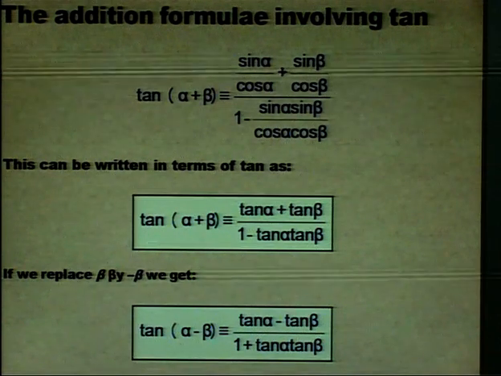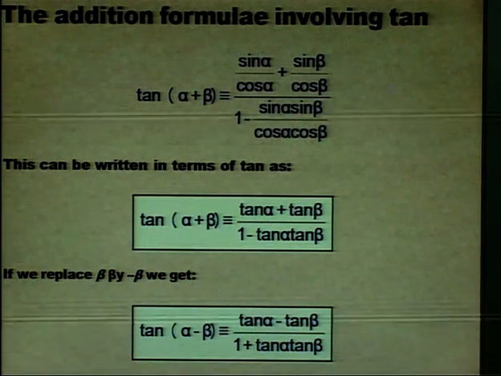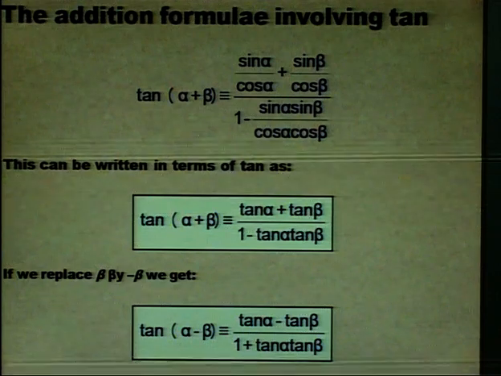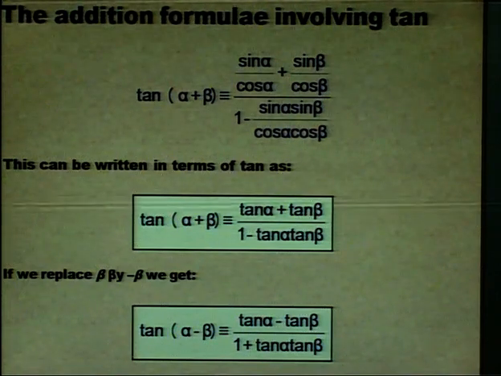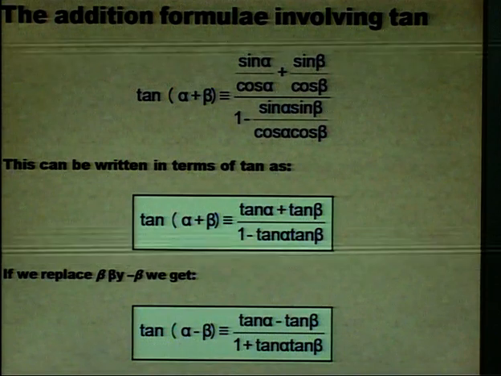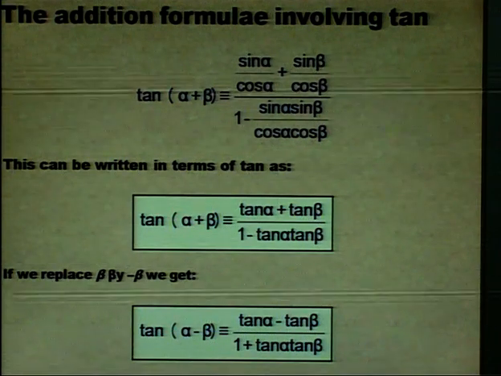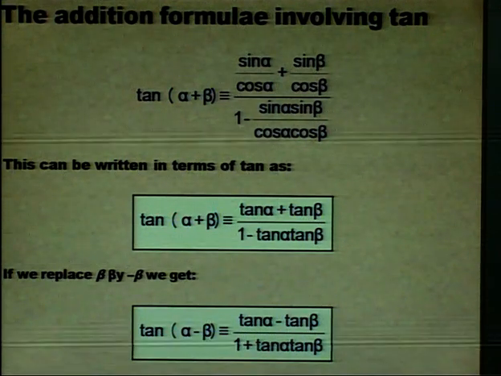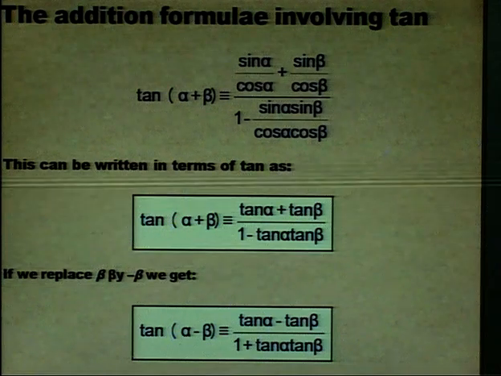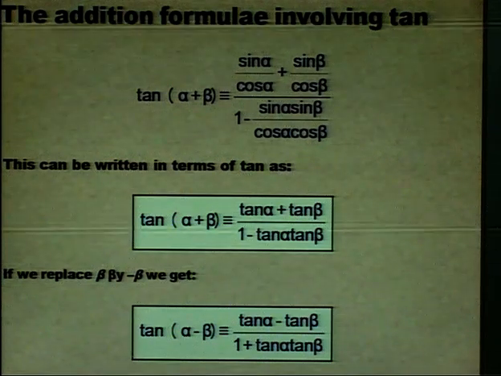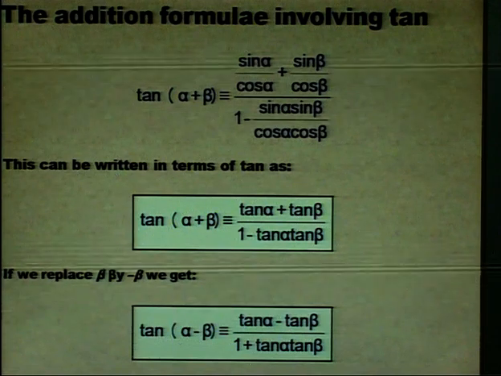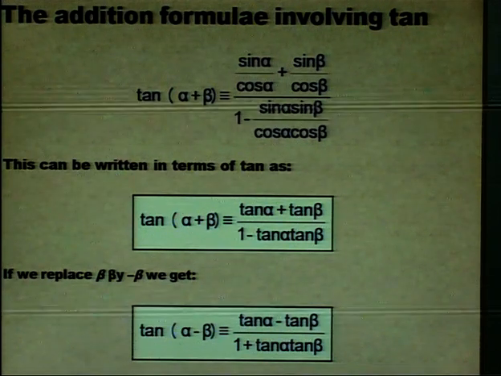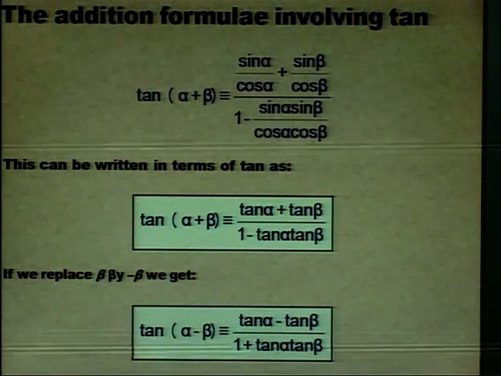So, these expressions for tangent alpha plus beta or tangent alpha minus beta could have been obtained by a separate independent method also. In the first formula I took the help of two expressions, namely sin alpha plus beta upon cos of alpha plus beta.